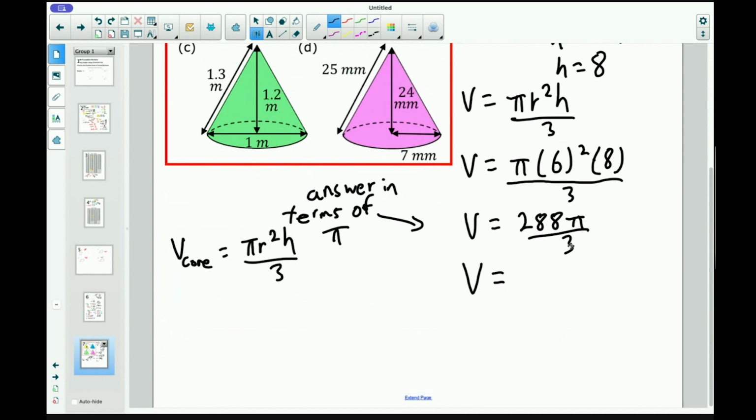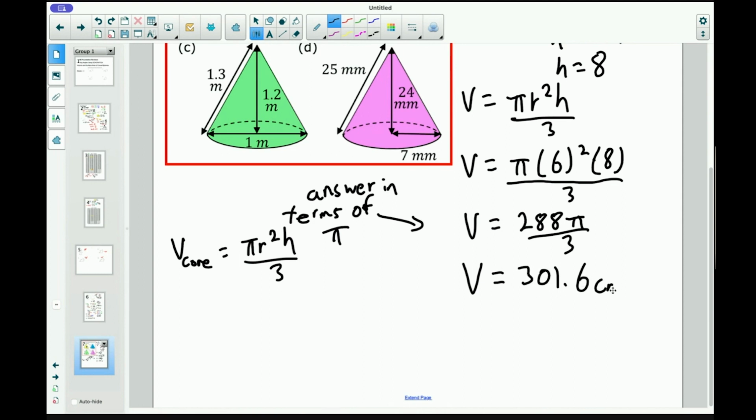So if I go 288 pi and I divide that by 3, I think these are the exact same numbers that we had previously, which is fine. It just so happened that we got the same numbers or something very similar. We end up getting 288 pi over 3 gives us 301.6.